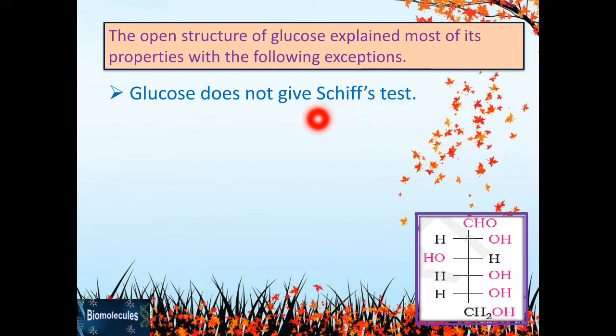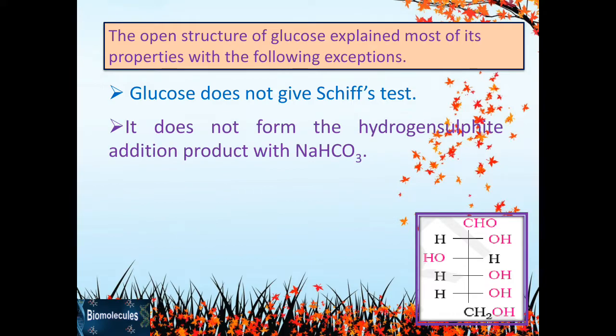A molecule of glucose fails to give Schiff's test. Schiff's test is a qualitative test for the aldehyde functional group. We know that glucose contains an aldehyde functional group, so it should have given a positive Schiff's test, but the glucose molecule fails to give it. This is the first failure, an exceptional case.